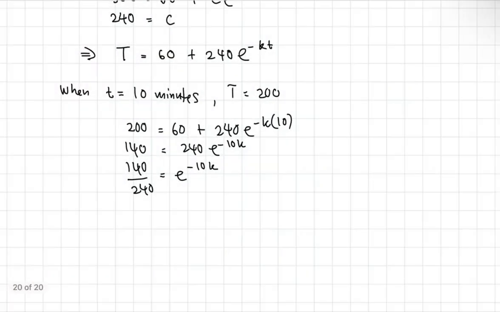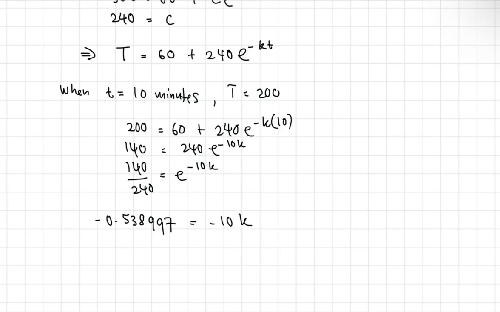In order to get rid of the exponent on the right hand side, why don't we put ln on the left hand side and ln on the right hand side? If I take ln of 140 divided by 240, here we get negative 0.5389997. On the right hand side, exponent and ln will cancel each other, so we have negative 10k.